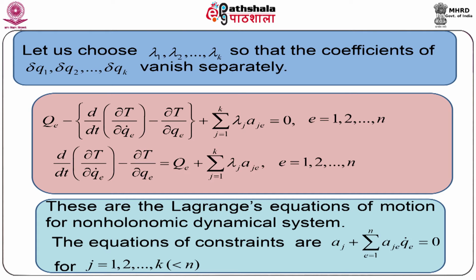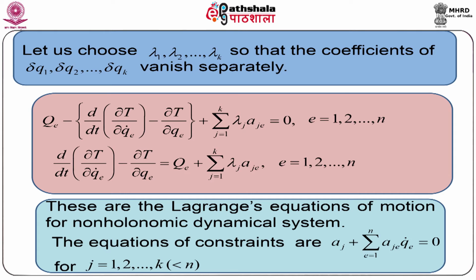Shifting the term within the second bracket to the right hand side, we can write this equation in this form. These are Lagrange's equations of motion valid for a non-holonomic dynamical system.